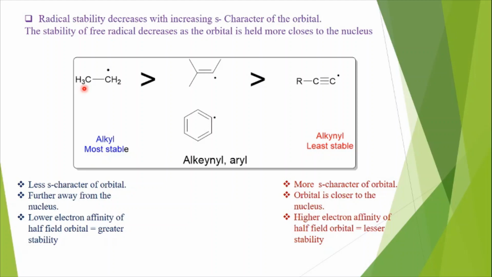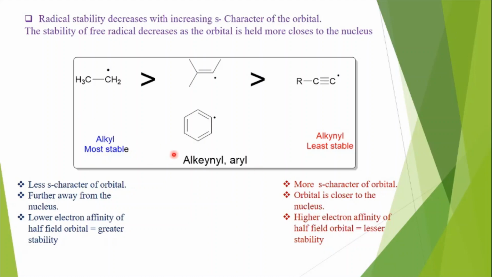As the percentage of s character increases, there is a small distance between your half filled orbital and the nucleus. So in the case of alkyne, there is more s character of the orbital, and the orbital is closer to the nucleus. Higher electron affinity of the half filled orbital to the nucleus is why it has lesser stability.